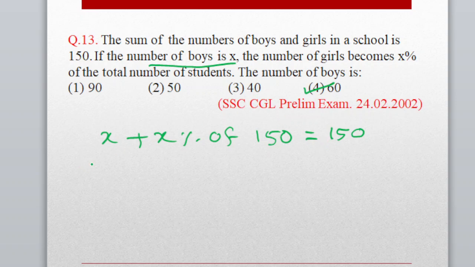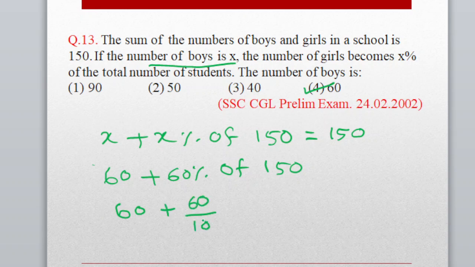Now 60 plus 60% of 150, so this is equal to 60 plus 60 by 100 into 150.